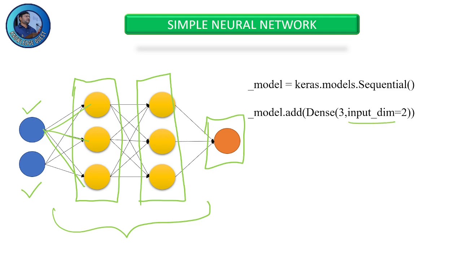That specifies the number of nodes in the input layer. Next, we add the second layer with three nodes, and then finally we add the final layer with one node to act as the output layer. That's all that's required to define the basic neural network in Keras.